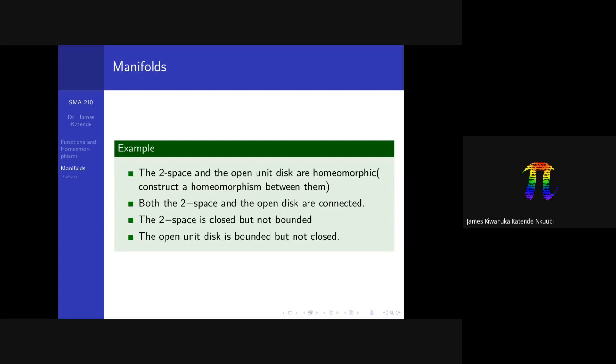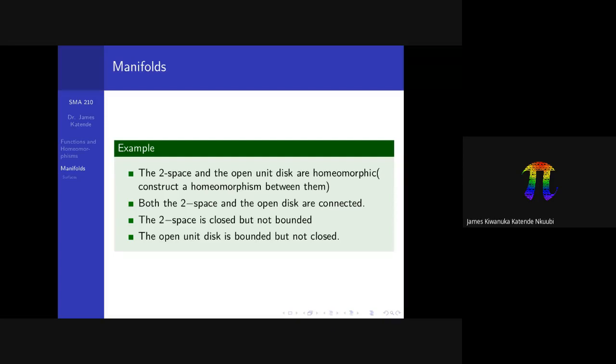So the second example of a two-dimensional space is an open disk. An observation we can make about this is that both sets are connected. Now the two space is closed, but it's not bounded. The two space is just the plane. The plane is not bounded. You can go as far as you wish in the plane, but any sequence of points in the two space, if it converges, it will converge to a point in the two space, but it's definitely not bounded.